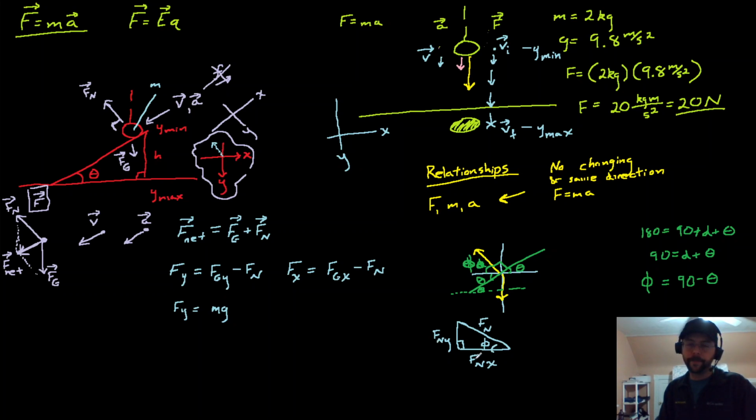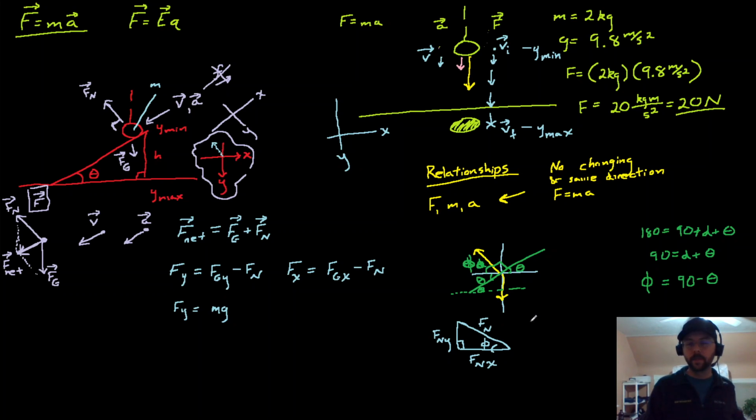So we can say that if you have your trig identities memorized, you would see that sine equals opposite over hypotenuse. So sine of phi equals the y divided by the total. So the total times sine of phi equals the y.